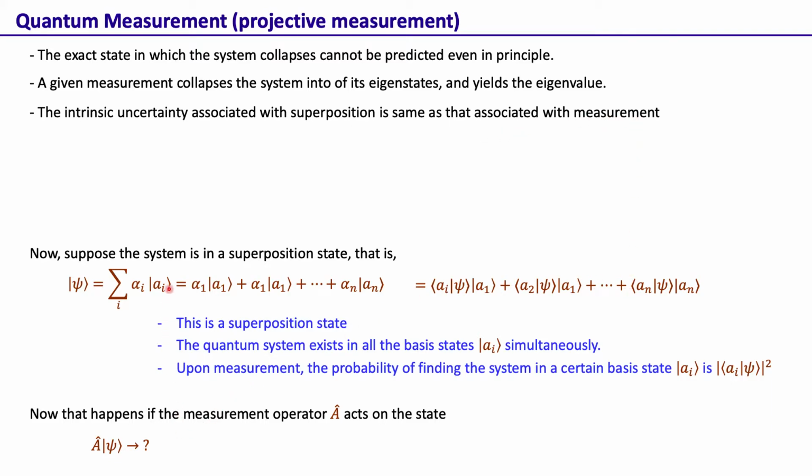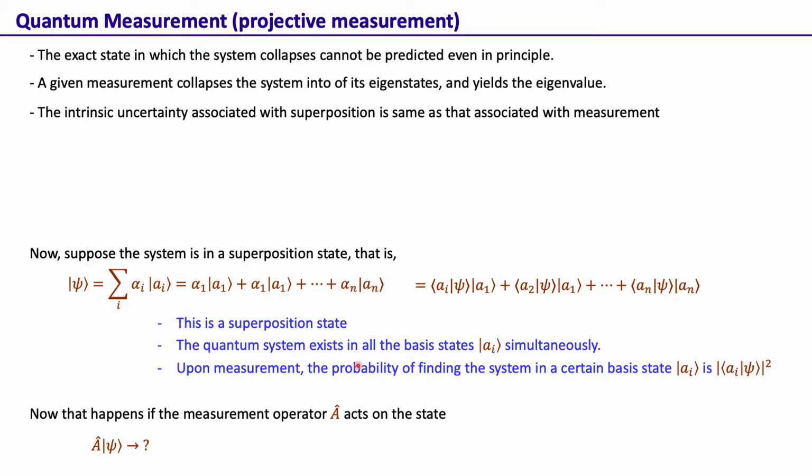What I mean is, we write the state as a superposition. So here we say that the quantum state exists in all these basis states simultaneously. This is just a statement of the fact that there is no way of knowing which state, which Ai, the quantum state is in, and that is what we mean by saying that it exists simultaneously in all these basis states.